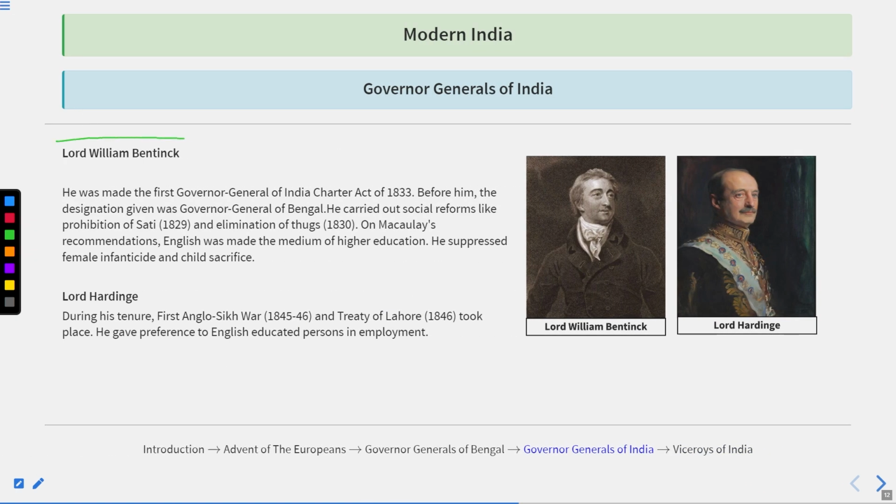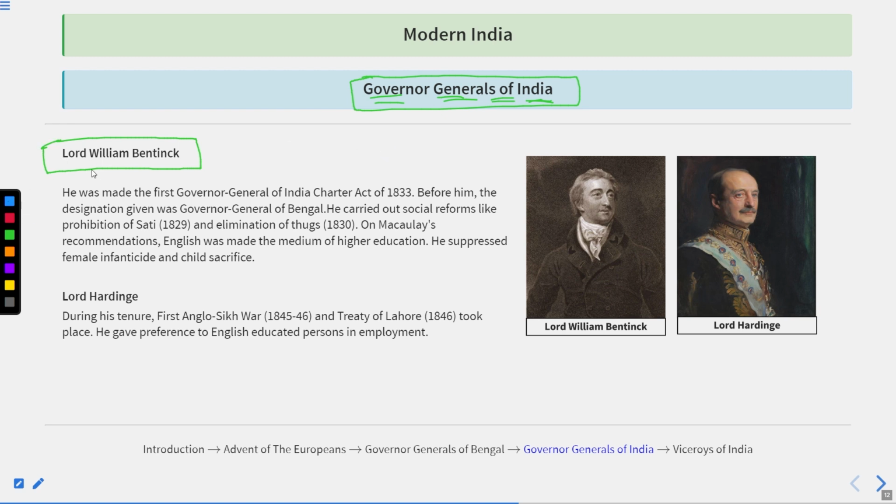Then comes Lord William Bentinck, and now we have started the Governor Generals of India. Previously, we had discussed the Governor Generals of Bengal. It means that only the Bengal territory was the main administrative center of the Britishers. Later on, the Britishers expanded to the other parts also, and that's why they modified the position of Governor General of Bengal into the Governor General of India.